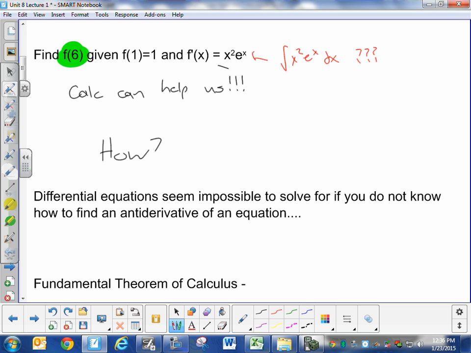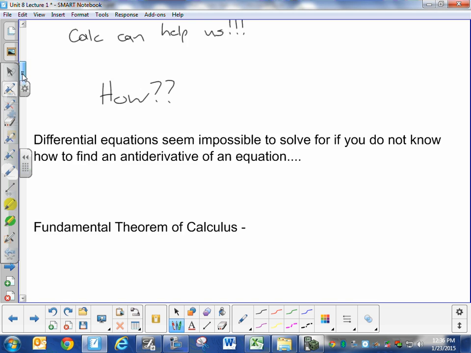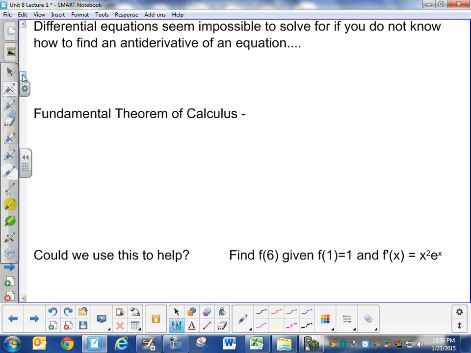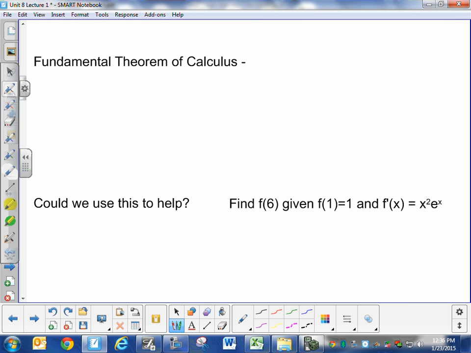Well, the fundamental theorem of calculus will be the key. The fundamental theorem of calculus says the area under a derivative function is equal to the change in its antiderivative.